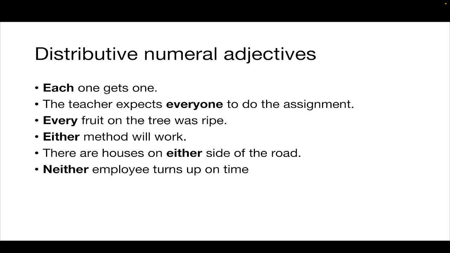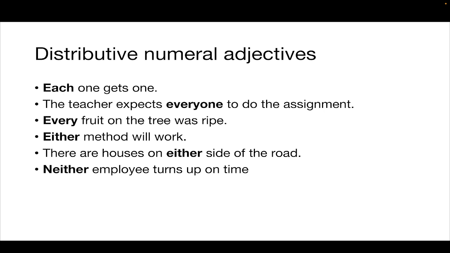That is how you call these distributive numeral adjectives. The teacher expects everyone to do the assignment. Every fruit on the tree was ripe. We can count the fruits, and we can also see that every fruit, this word applies to each and every fruit on the tree. So this is a distributive numeral adjective.